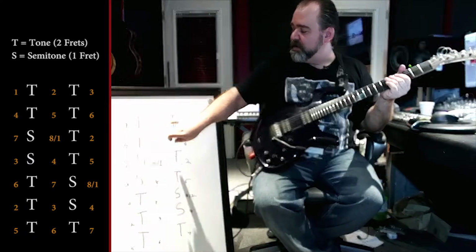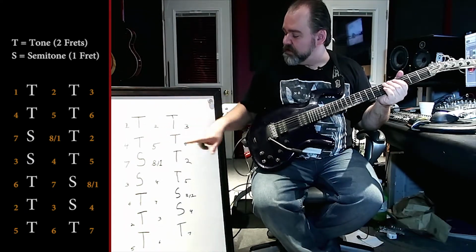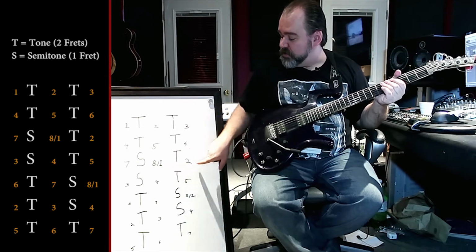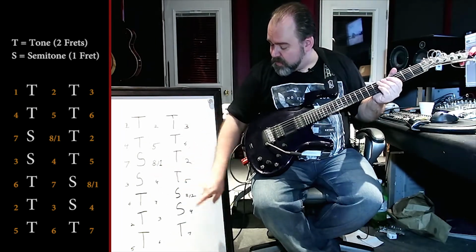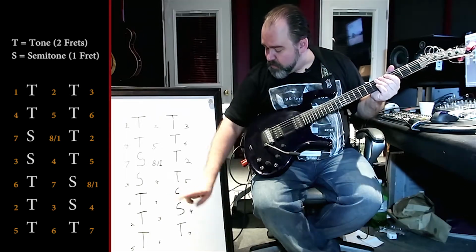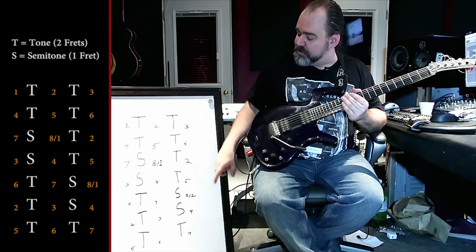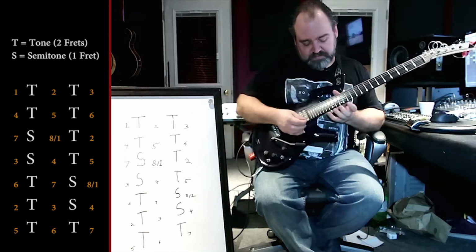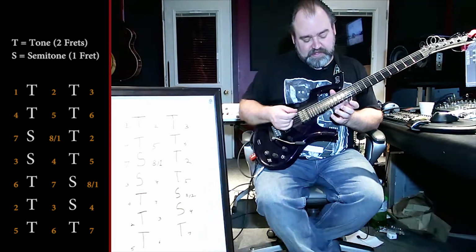The numbers I have here are the degrees of the scale. 1, 2, 3, 4, 5, 6, 7, 8, and then it repeats: 1, 2, 3, 4, 5, 6, 7, and then 8 repeats. You're going to notice there are 7 lines on our chart here. Now, if you had a 7-string guitar, this would of course make a little bit more sense.